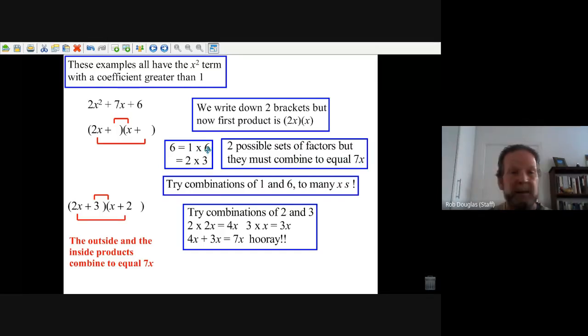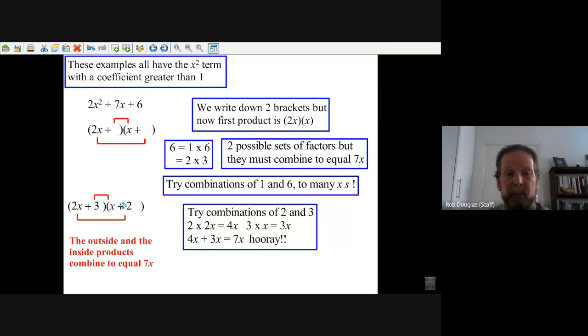Now you can start with 1 and 6, and you just put it in here. If you put a 6 there, 6 times 2x, that'll be 12x. That's just too many x's. Even here, 6 times x would give 6x. Now if I put a 1 here, 1 times 2 gives me 2. That just doesn't work. So you got to go on and try 2 and 3.